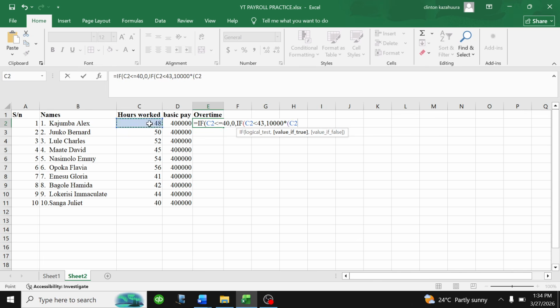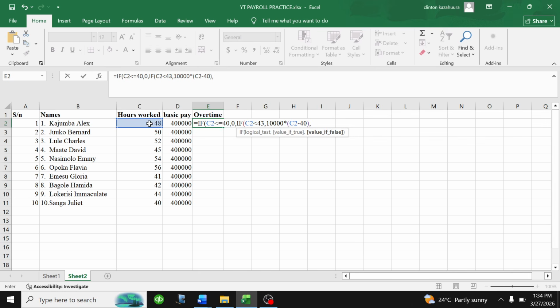So I click in the hours, then I subtract 40. That is catering for those people who are between 40 and 43, meaning 41 and then 42. This condition is going to cater for them. So I close this bracket, then I continue.